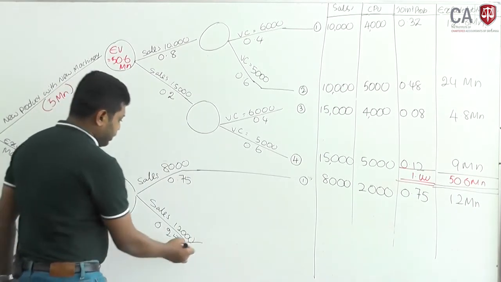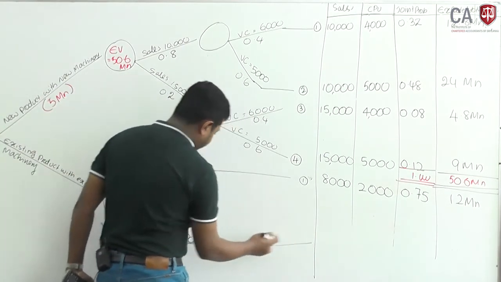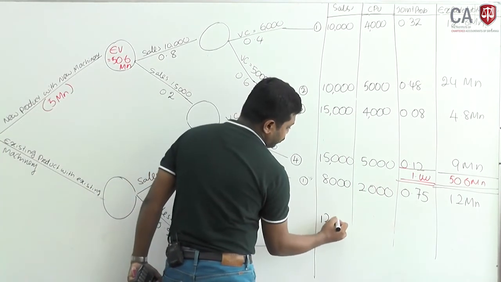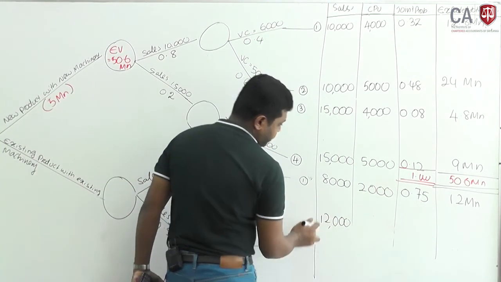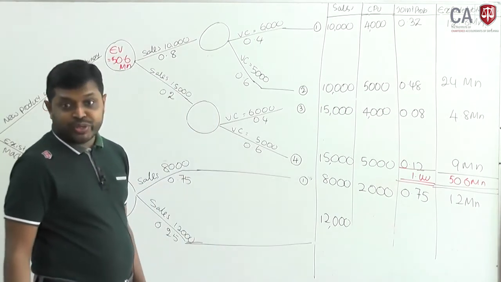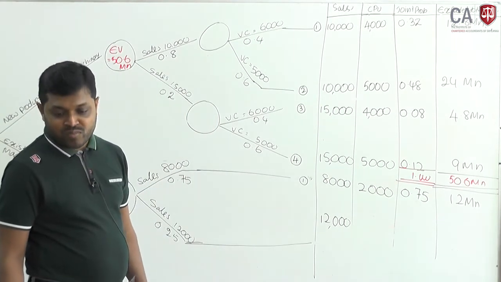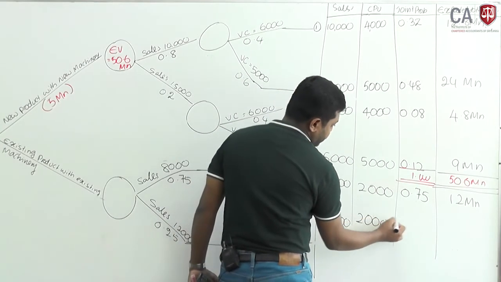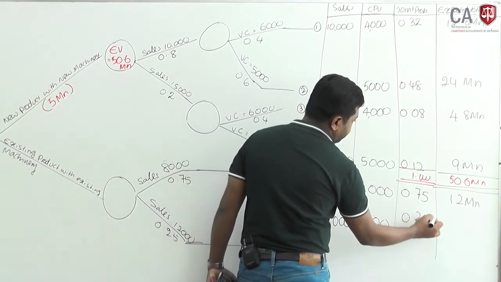Okay. Then sale of 12,000 units. Contribution per unit won't be changed, same as earlier, 2,000, into 0.25.